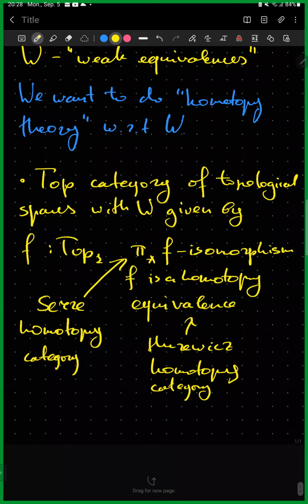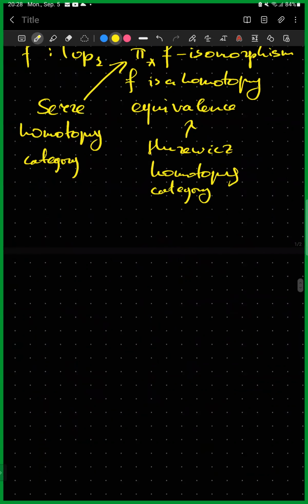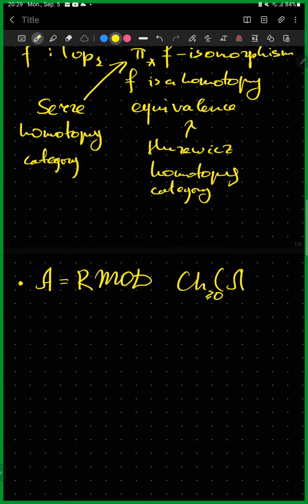So the next example is also, I think, quite familiar. Let A be the abelian category of R-modules for some ring R, not necessarily commutative. And consider the category of chain complexes, for simplicity non-negatively graded, in this category.